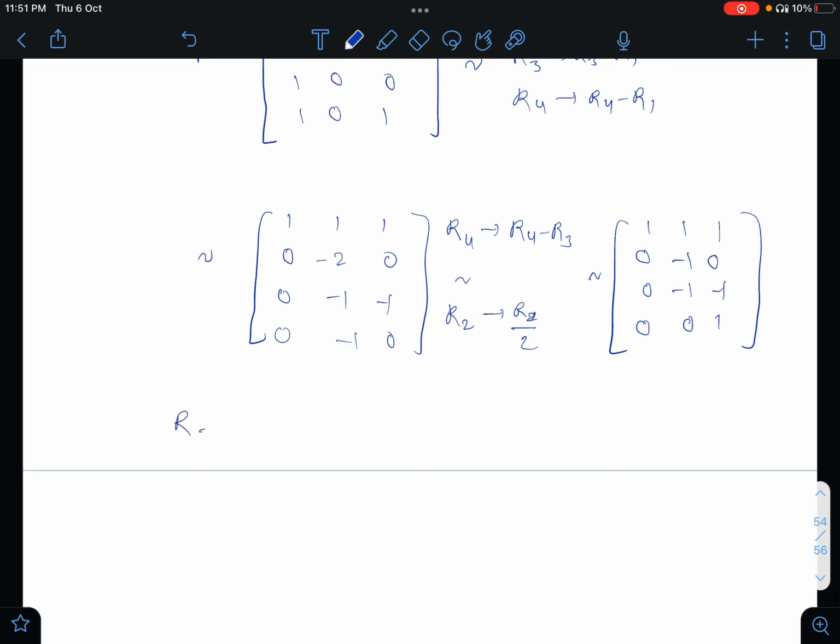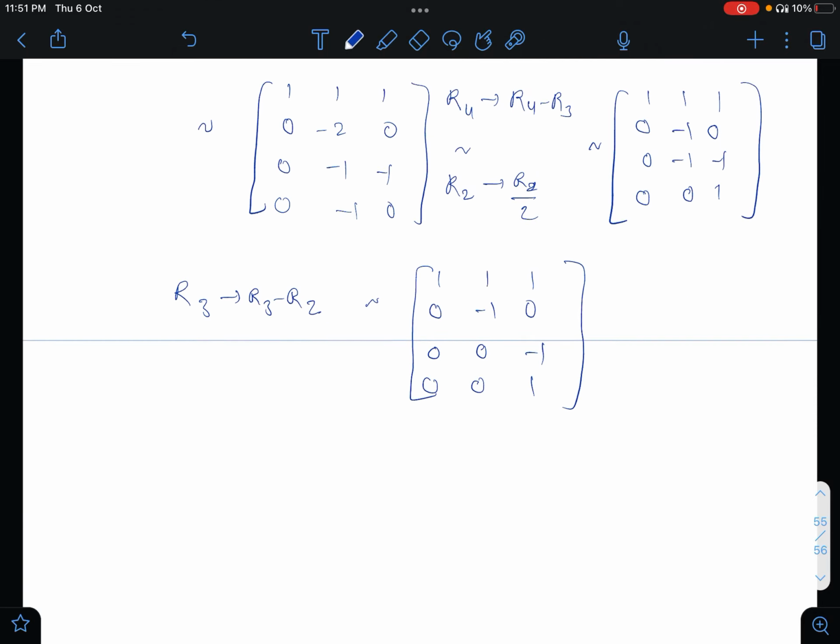Now apply the row operation R3 to R3 minus R2. This gives us [1, 1, 1; 0, -1, 0; 0, 0, -1; 0, 0, 1]. Now apply R4 to R4 plus R3.